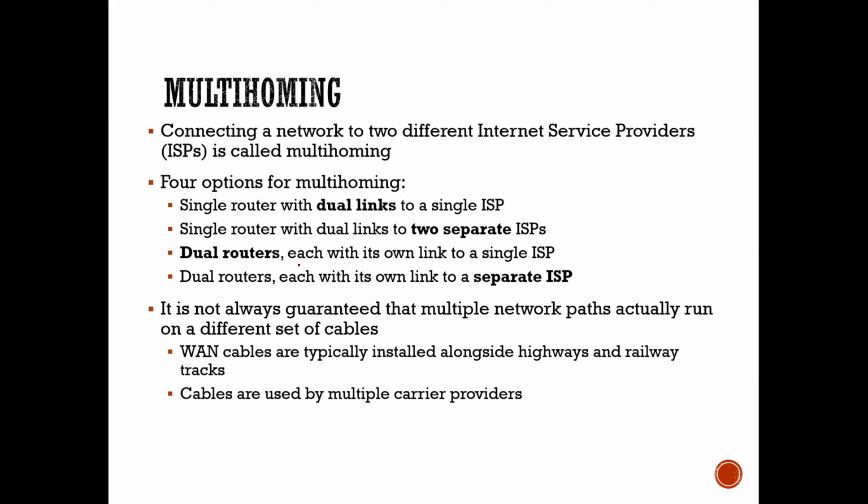So 4 options for multi-homing: single router with dual links for a single internet service provider, or single router with a dual links to 2 separate internet providers, or dual routerين each with the same internet of server provider. يعني راوترين ل STC، أو إن يكون راوترين لشبكات مختلفة، يعني شركة مختلفة، الشركة الأولى والشركة الثانية.